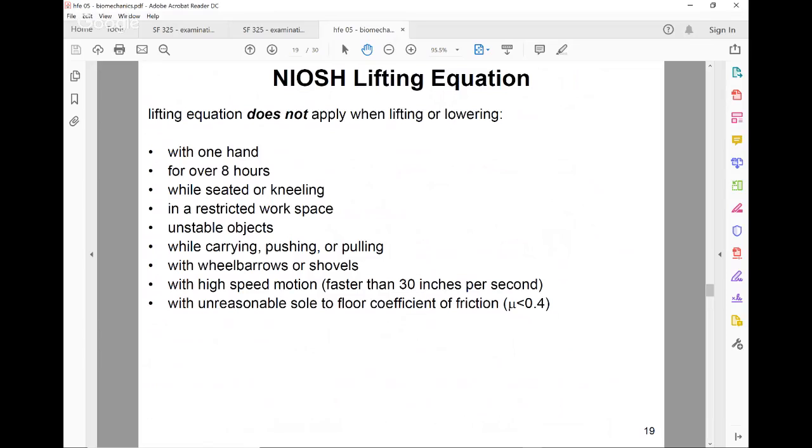It's a really fine powder, and it gets on the floor everywhere in the facility and is pretty slick as well. But anyway, it does not apply to slick surfaces.